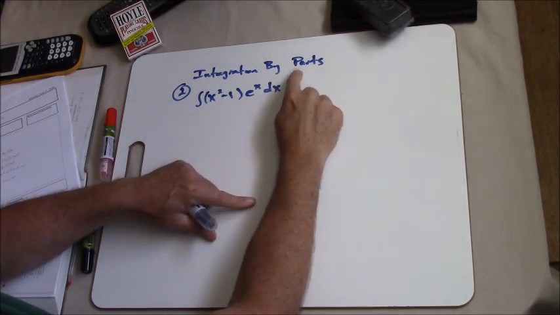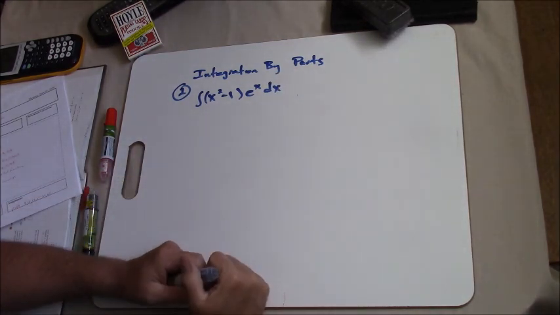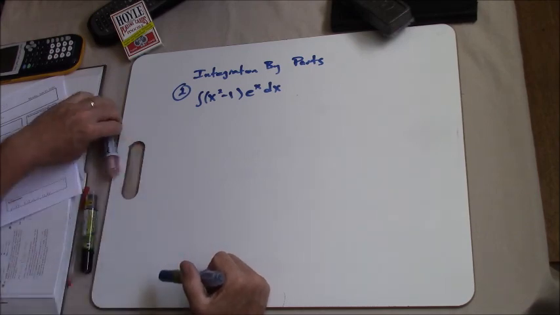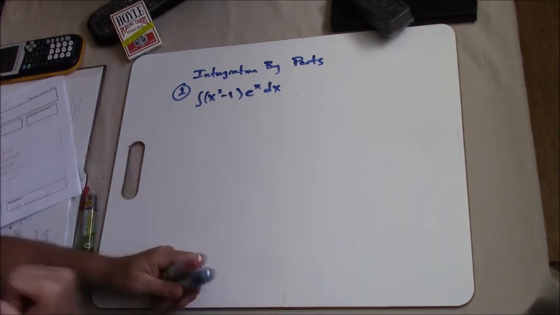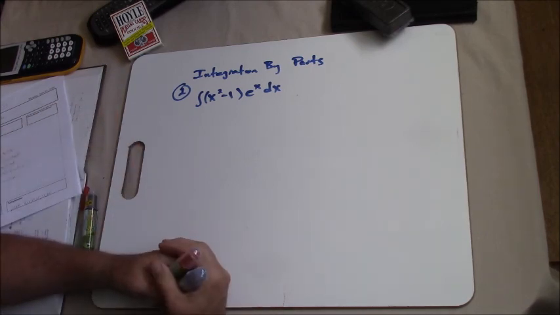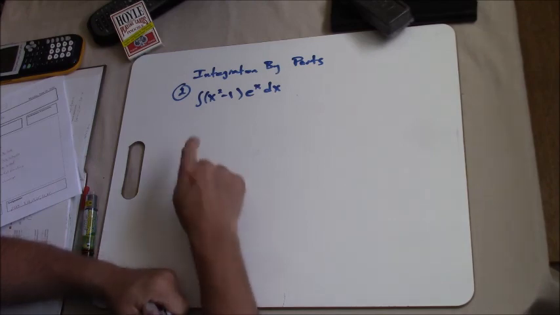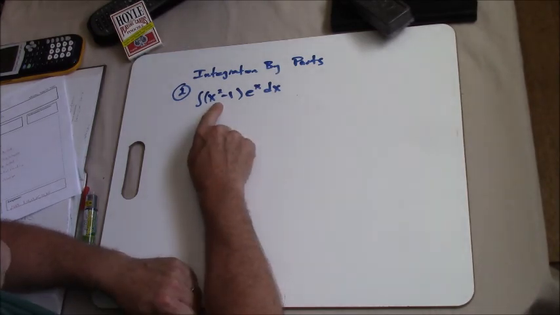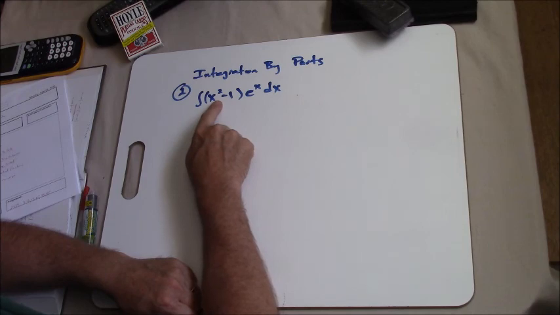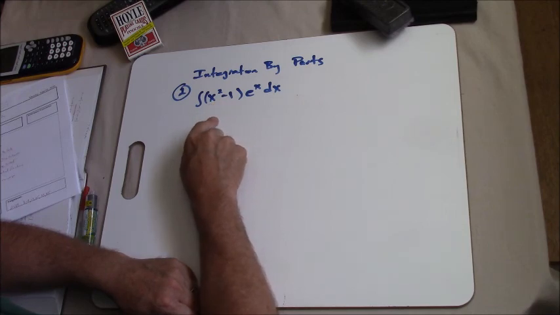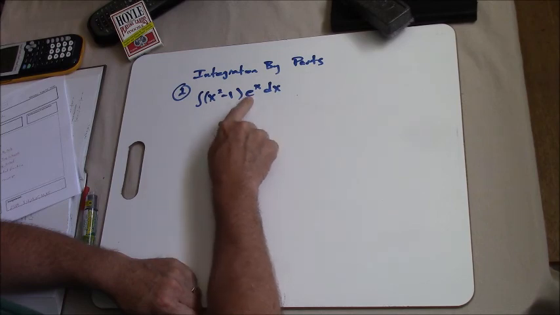Okay, so we want to solve this one using integration by parts. You guys go ahead and try it. All right, so I see something that I can take the derivative of, and it does get simpler. The derivative of this would be 2x, and the derivative again would be 2. And I could integrate this, and it doesn't change.